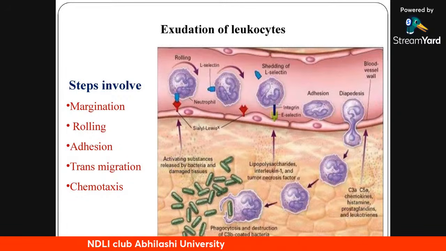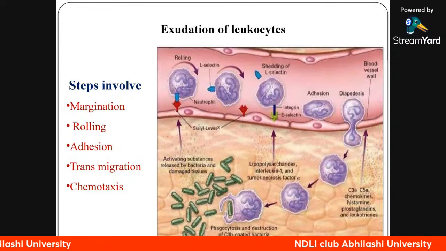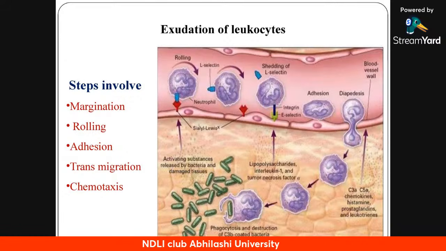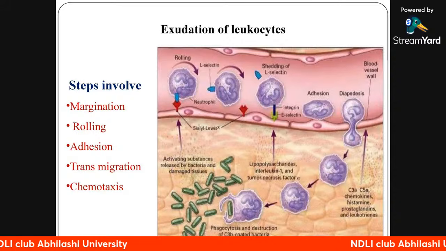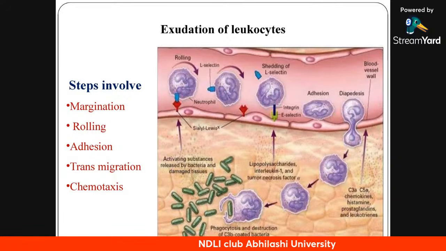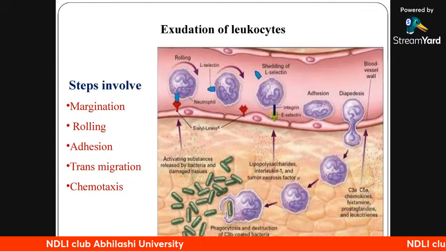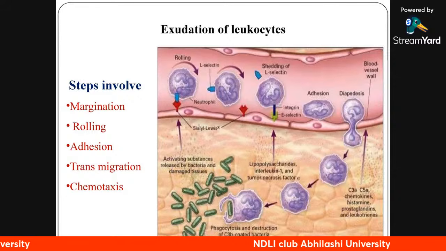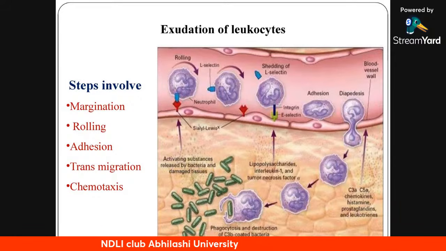Chemotaxis. After exiting the vessels, leukocytes migrate toward the site of injury or infection by chemotactic signals released by damaged cells, bacteria, or other inflammatory mediators. Chemotaxis is essential for the recruitment of immune cells at the site of inflammation.